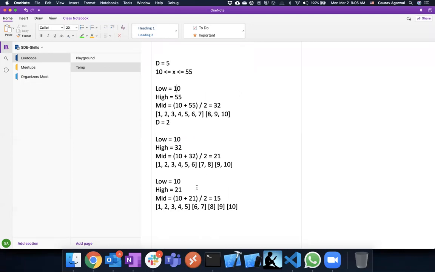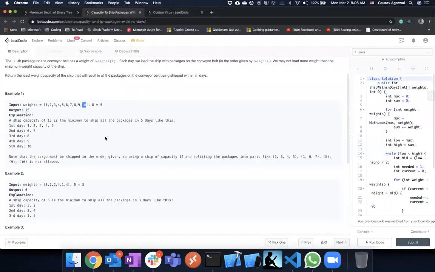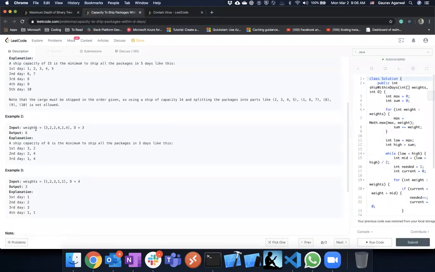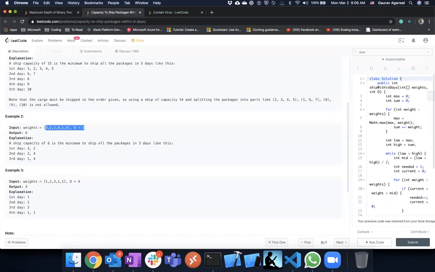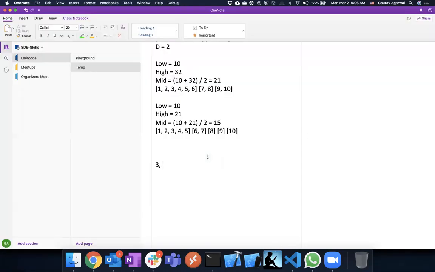Can you just walk through the second example? Let me write it. 3, 2, 2, 4, 1, 4, and in this case D is 3.